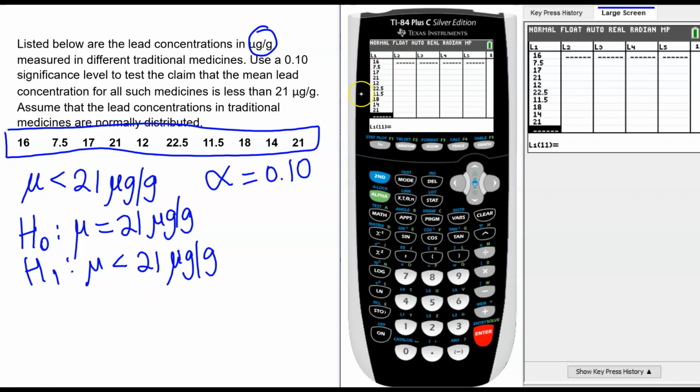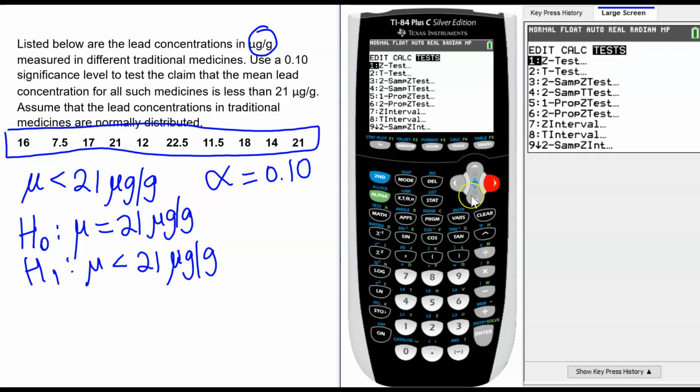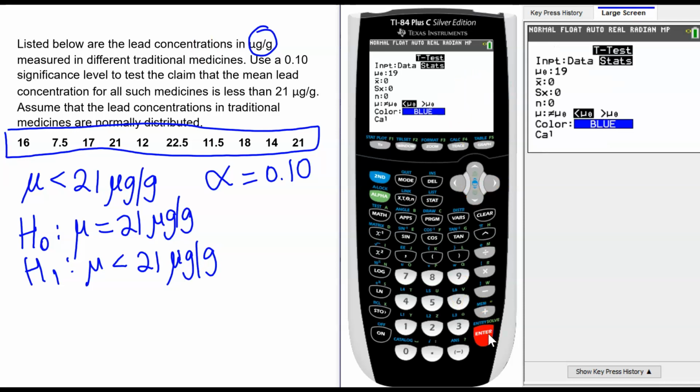Once we enter the data in the calculator, then go back to Stat and Test. Scroll down to number 2, T-Test, click enter, and we have two input choices. We can enter data or enter statistics.